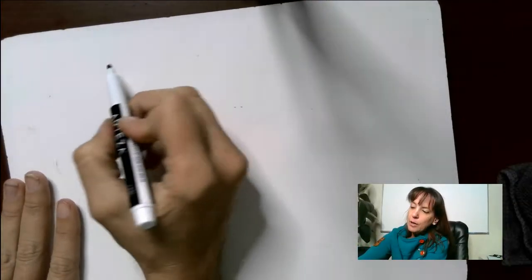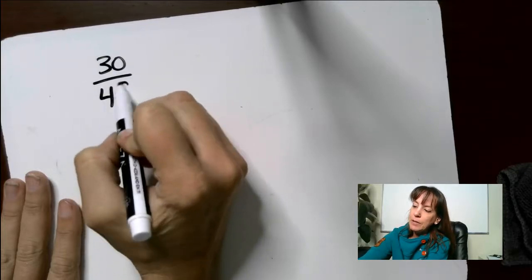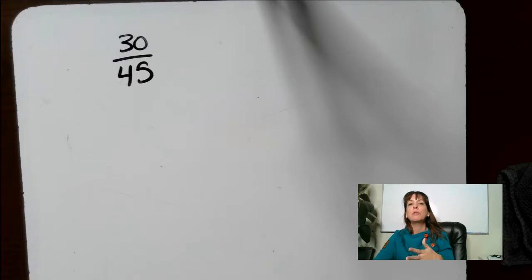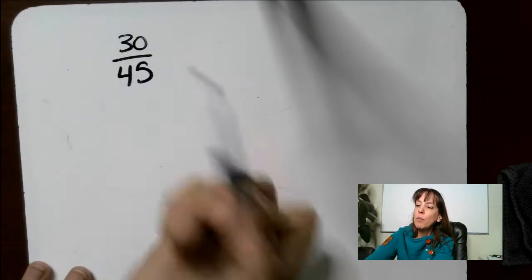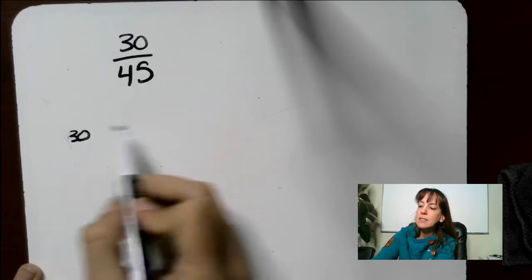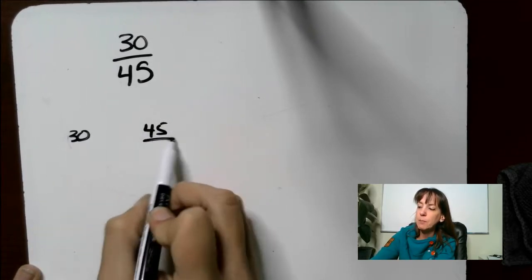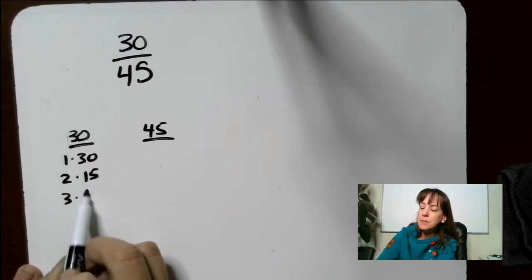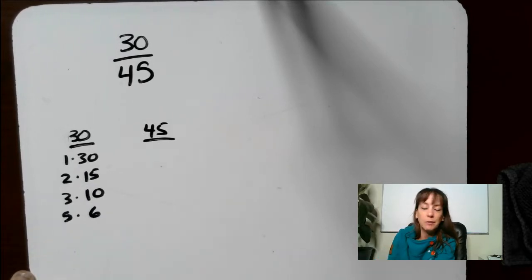But let's say you have 30 over 45. There are multiple ways of reducing fractions, and I'll show you a couple just so you can get the best feel for it, okay? What we could do first is find the greatest common factor between these two numbers. I've got 1 times 30, 2 times 15, 3 times 10, 5 times 6, right?